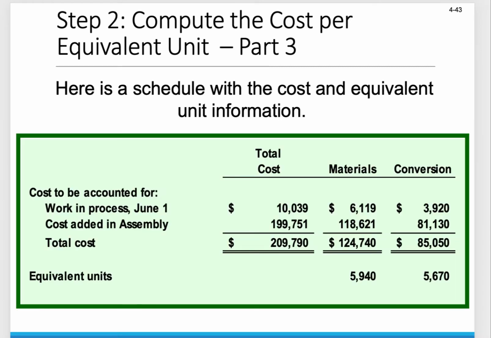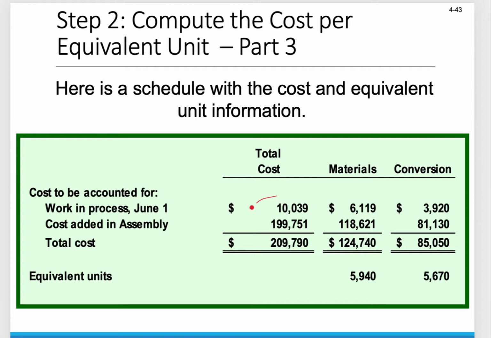So what do we do? Well, pretty simple. We have a schedule here with the costs and the equivalent unit information that we need, okay? The cost per equivalent unit for materials in total is, let's back up here.